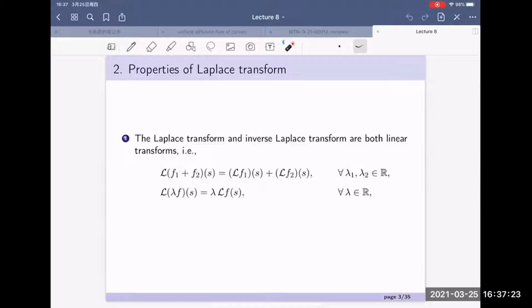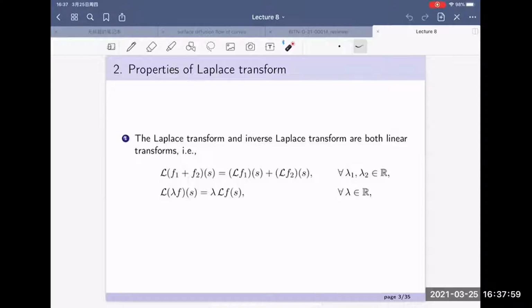A linear transform also has another property that you can extract a constant outside the transform. If you apply the Laplace transform to a constant multiple of a function, you can extract this constant outside. So you can directly apply Laplace transform to the function and then multiply by the constant. So linear transform means that it transforms a sum to a sum of transforms, and you can extract a constant outside. Any transform satisfying the two properties is called a linear transform.